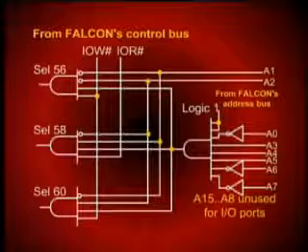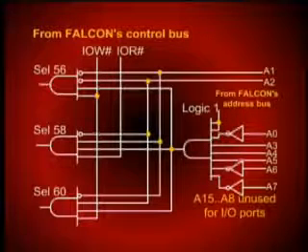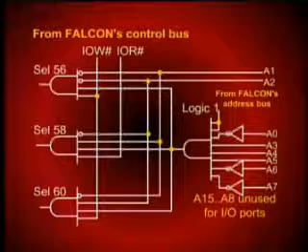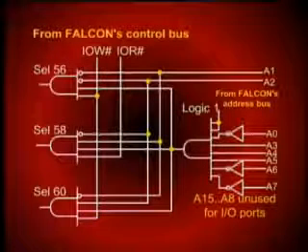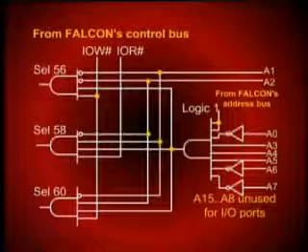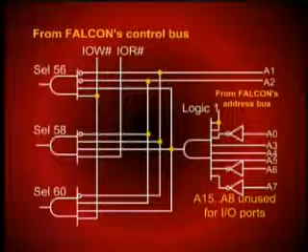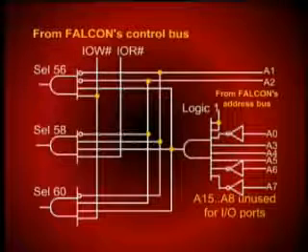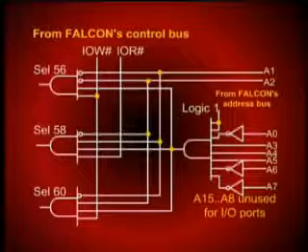The address lines A1 and A2 are used as input to the next 3 AND gates and would select one of the 3 logical ports mapped onto addresses 56, 58, and 60, all in decimal.